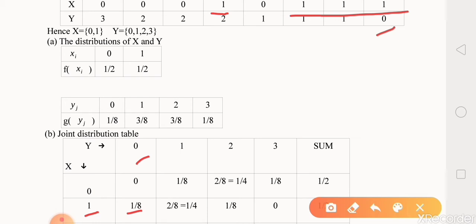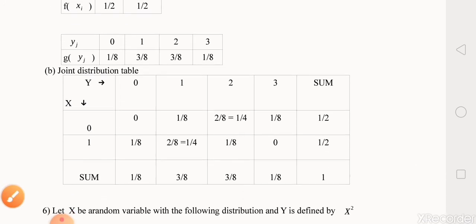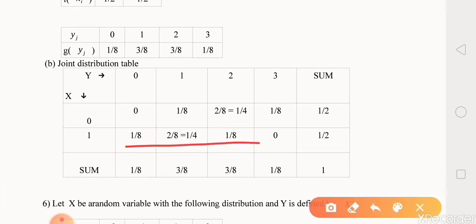X equal to 1, Y equal to 1, 2 values out of 8 values, it is 1 by 4. X equal to 1, Y equal to 2, 1 value out of 8 values, and there is no case where X equal to 1 and Y equal to 3. So probability is 0. Now if you sum these values, you will get probability as 1 by 2.